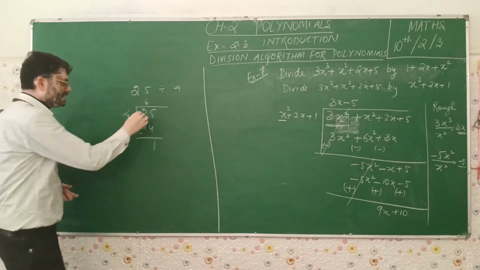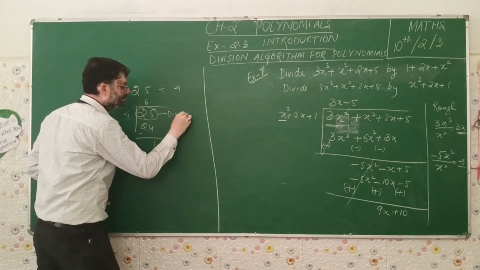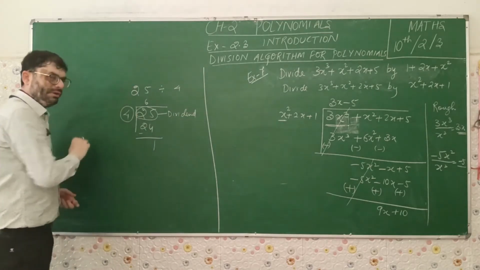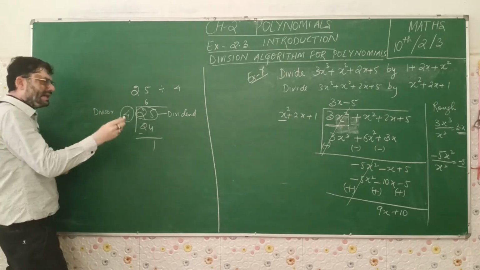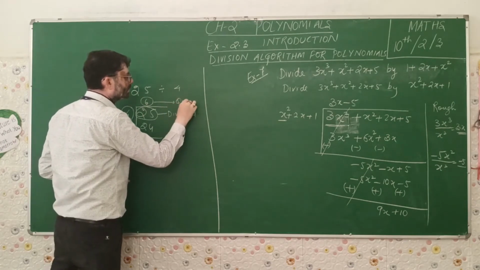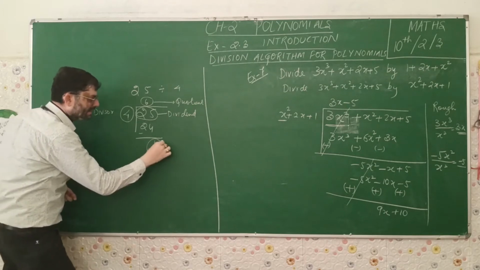We used to consider that which was to be divided to be our dividend, by which we have to divide was our divisor. The answer that we used to get is considered to be our quotient. And this was our remainder.